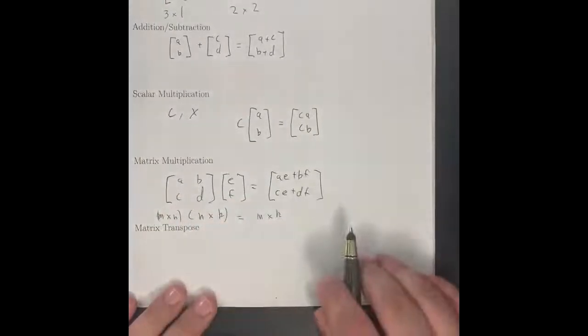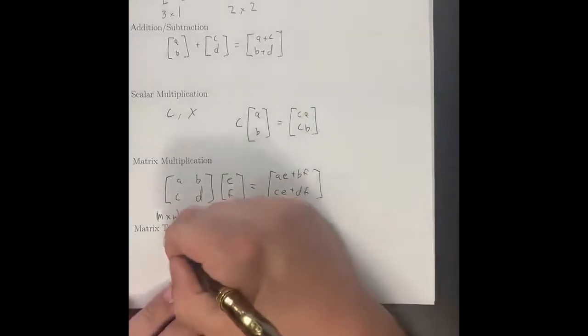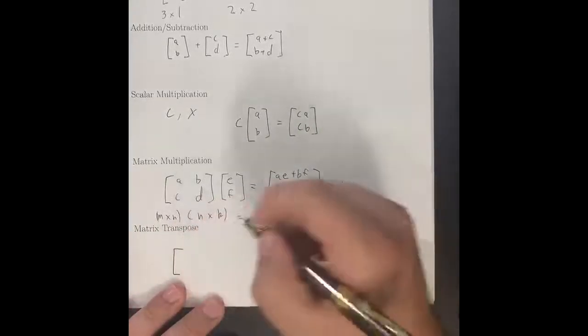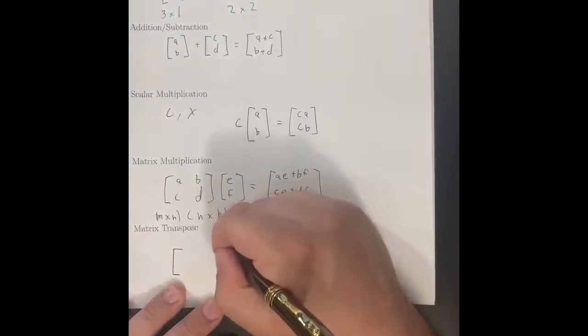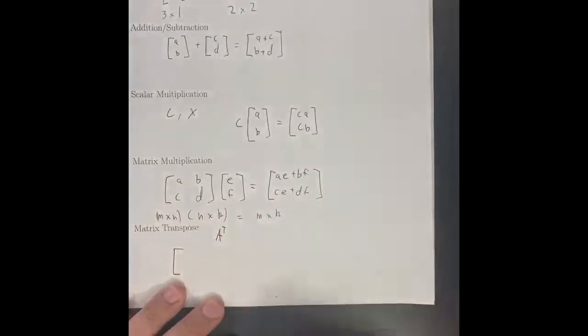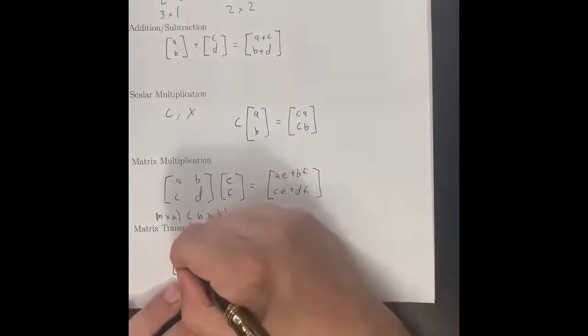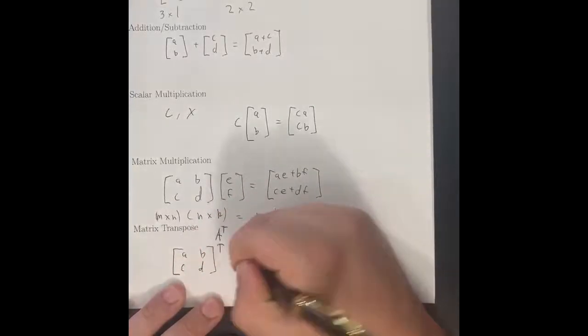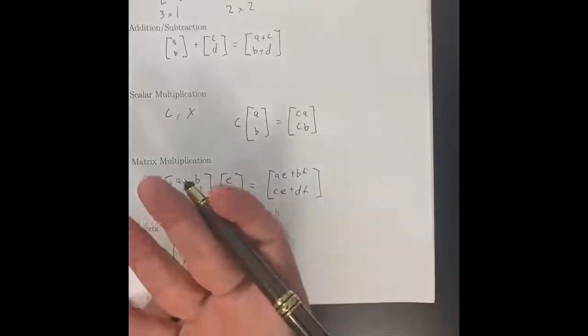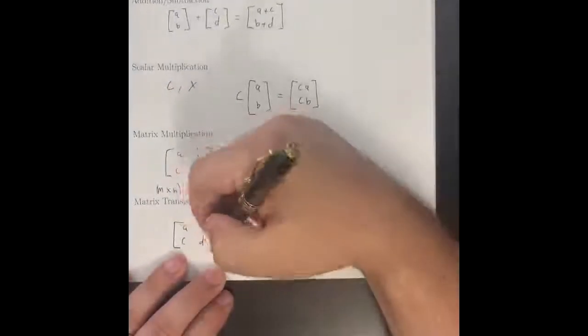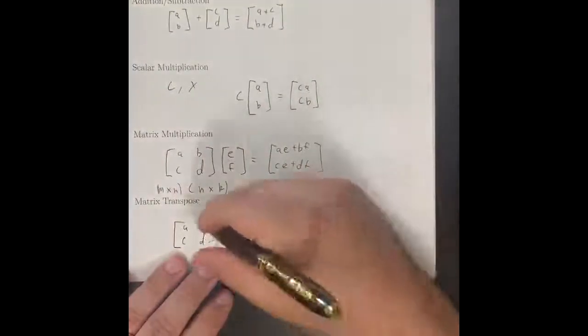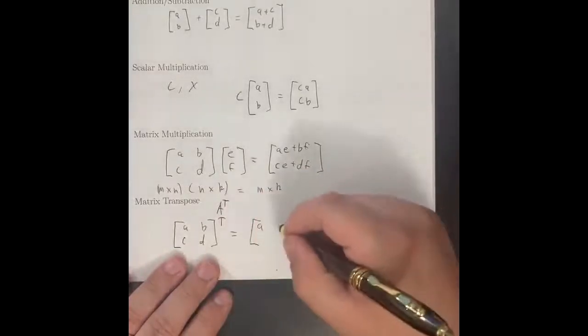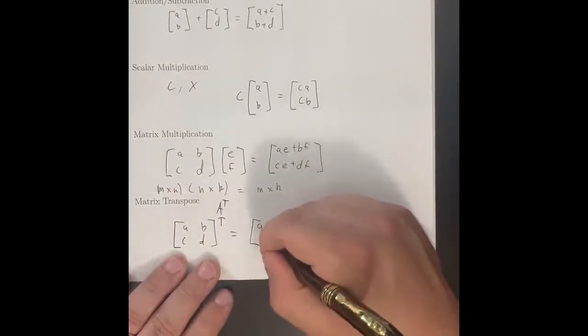Then we can take transposes of matrices. If A is a matrix, we write the transpose as A with a T superscript. If we have A, B, C, D, we take the transpose of that. Basically, that just rotates it around its main diagonal. So we leave the diagonal the same. A is going to stay the same, but this B is going to flip over to here.